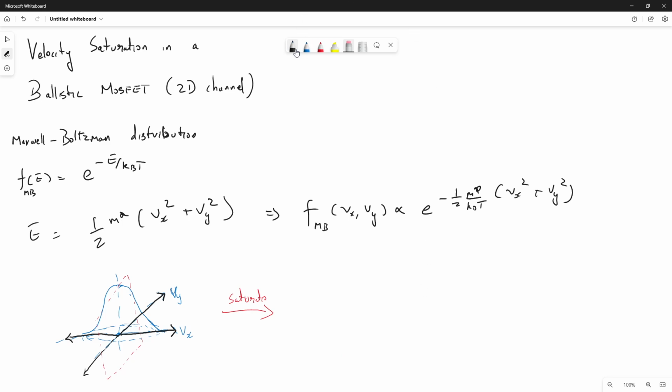In that case, I'll have to draw the axis like this, and call this the vx-axis, and this will be the vy-axis, and let me draw the plane like this.